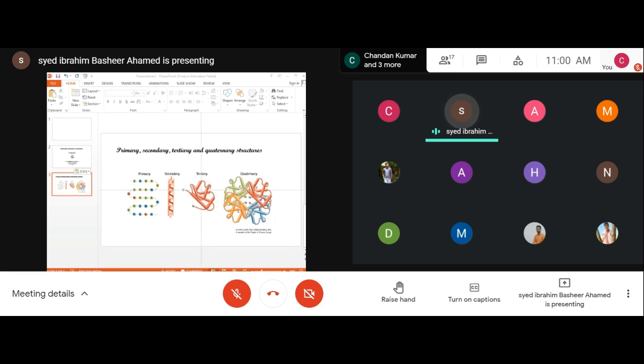So what I mean to say is the diverse structure and diverse function is basically inherited in the amino acid sequence. The amino acid sequence dictates the function as well as the structure. It is not just for the human being, it is for each and every living thing.